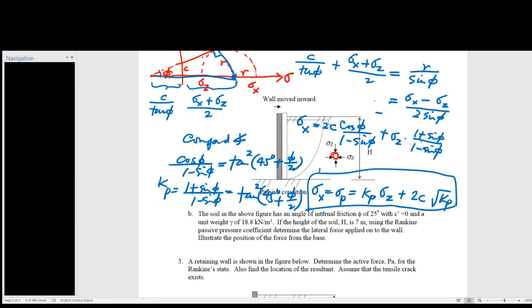So any question for question 2? Good. So you should be able to handle that, right? Now come back to the B part. It's quite straightforward, right?